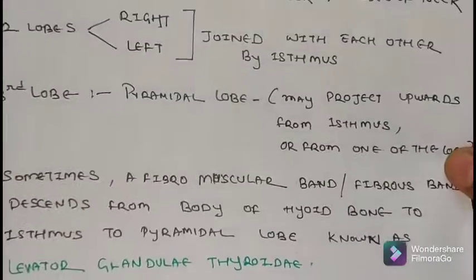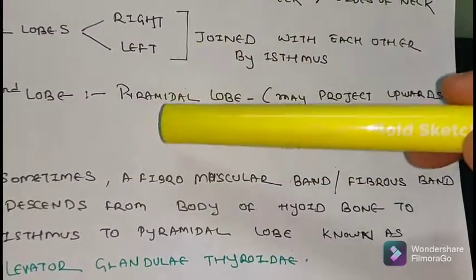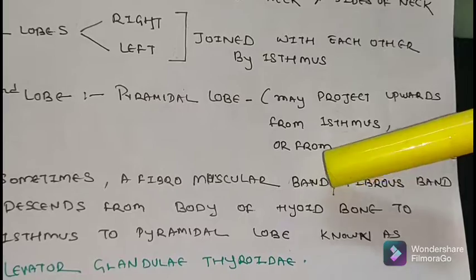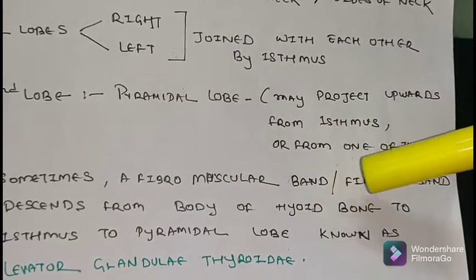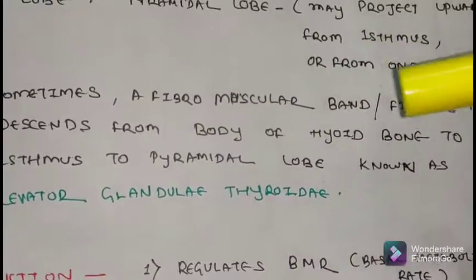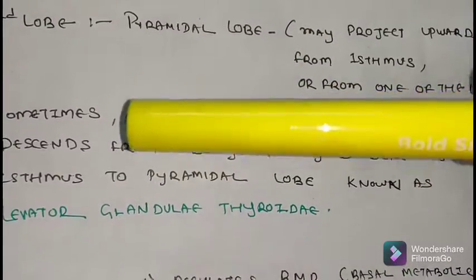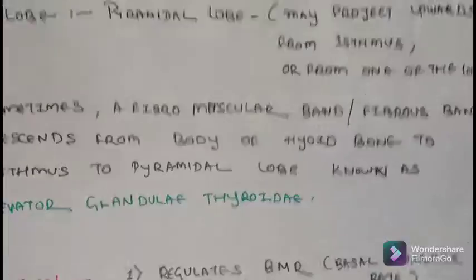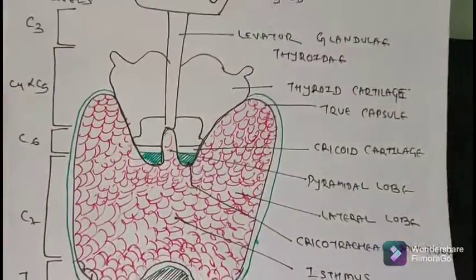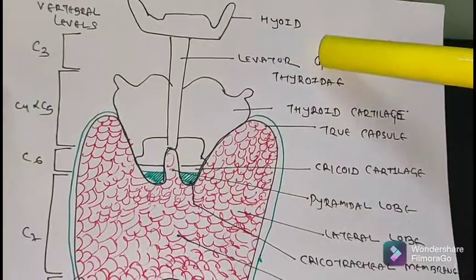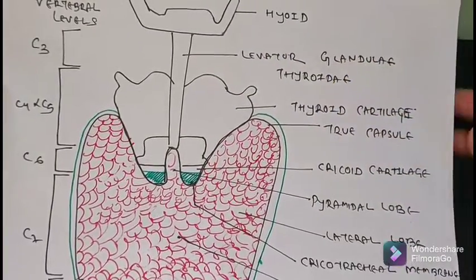Sometimes a fibromuscular band, that is a fibrous band, descends from the body of the hyoid bone to the isthmus or the pyramidal lobe, which is known as the levator glandulae thyroideae. Here in this diagram, this is the levator glandulae thyroideae.